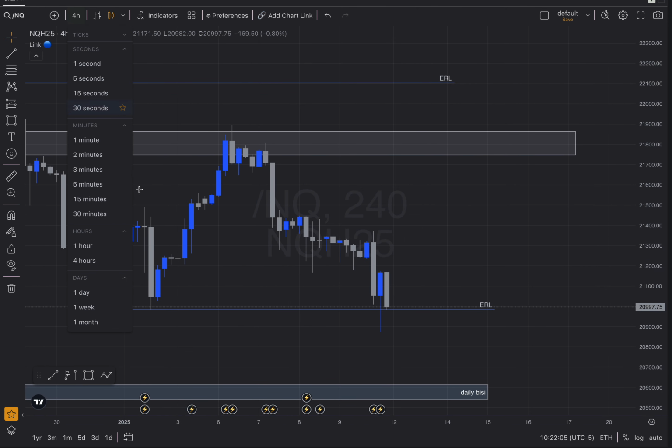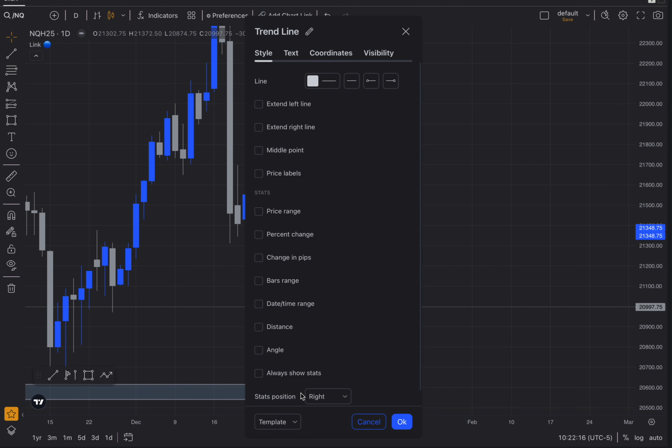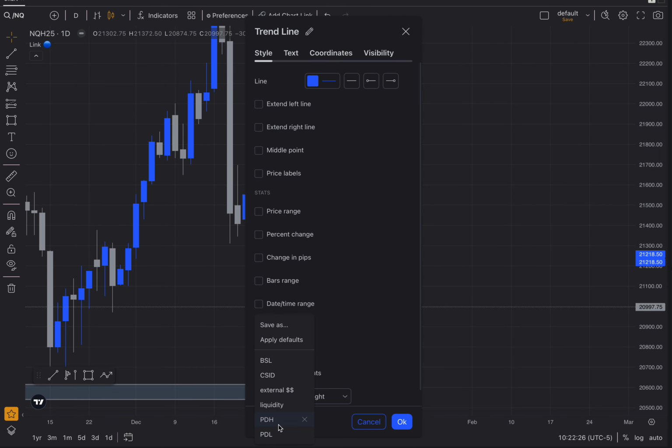But based off of this, when it left here and we were down here, at that point, I like to, if we go back to the daily, so this was the day before this candle. I also like to mark off the previous day high, previous day low. Okay, so that's our previous day low there.